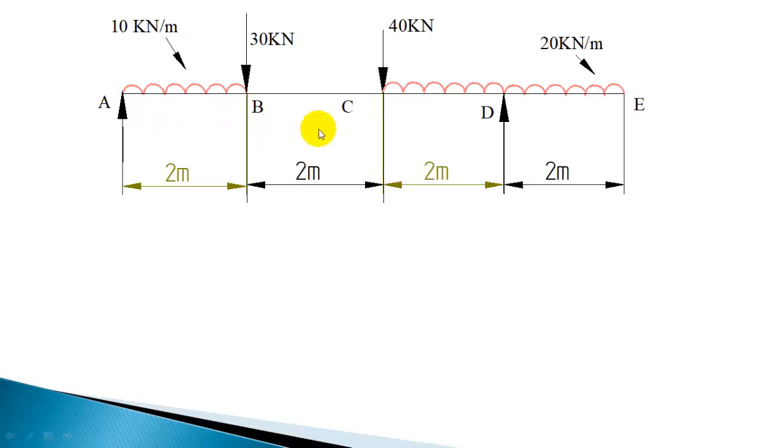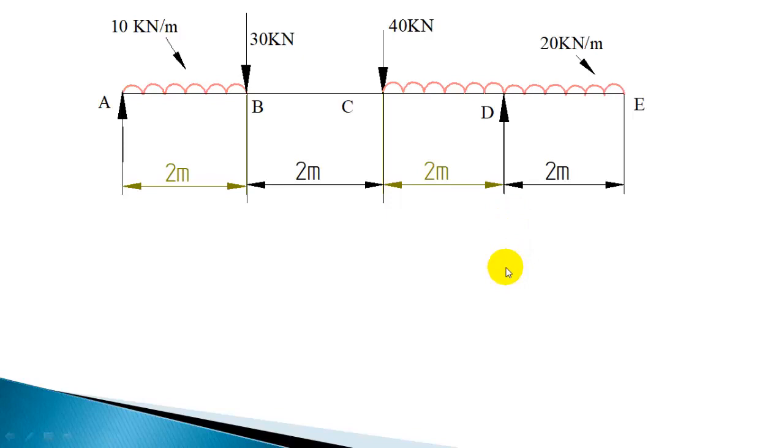It acts at a distance of 4 plus center of 4 meter, that is at D only. The resultant UDL will act at D, and that will produce a clockwise moment. So 80 into 6, 80 is the resultant load, 20 into 4, it will act at D, and the distance is 6. So 80 into 6 clockwise moment minus RD into 6, that is equal to 0.